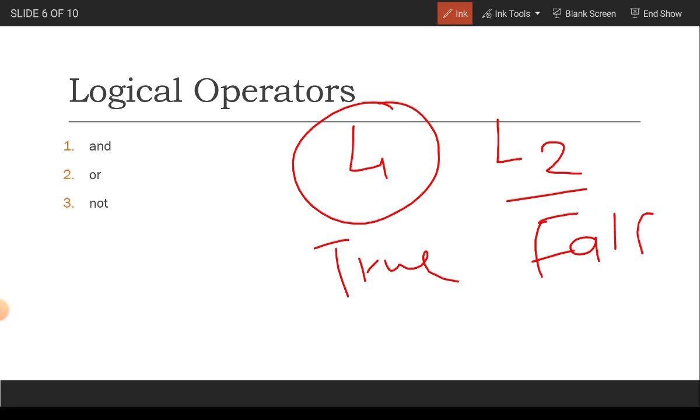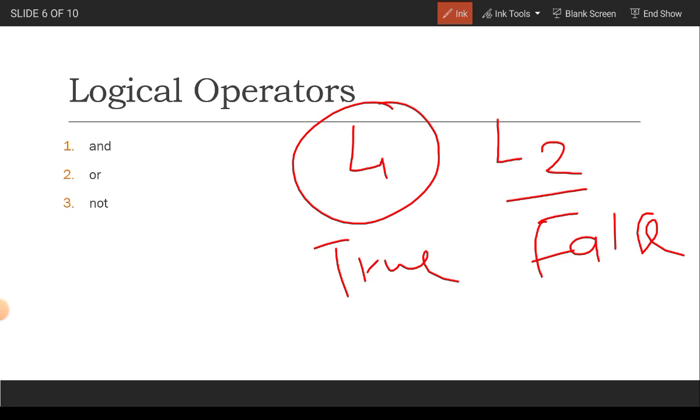Logic is always in the form of true or false. If you want to do the logical AND, what will it give? True and false will give false. Both should always be true for the result to be true, and it will be false if either one of them is false.